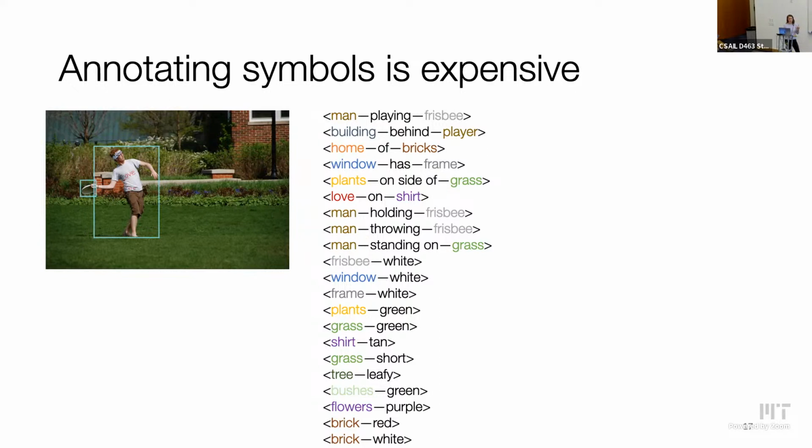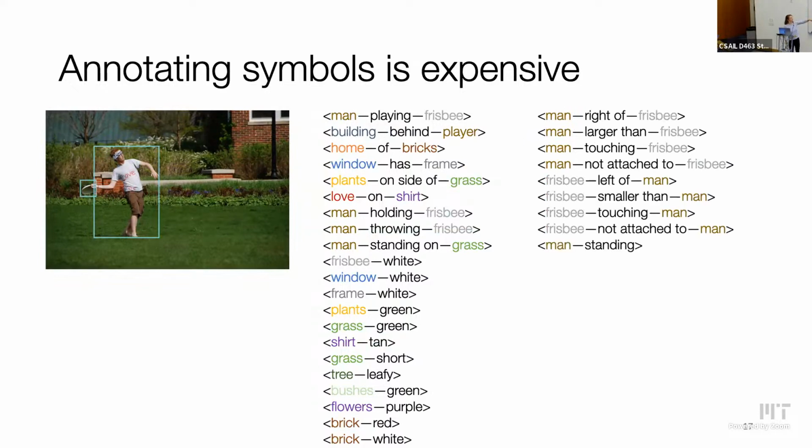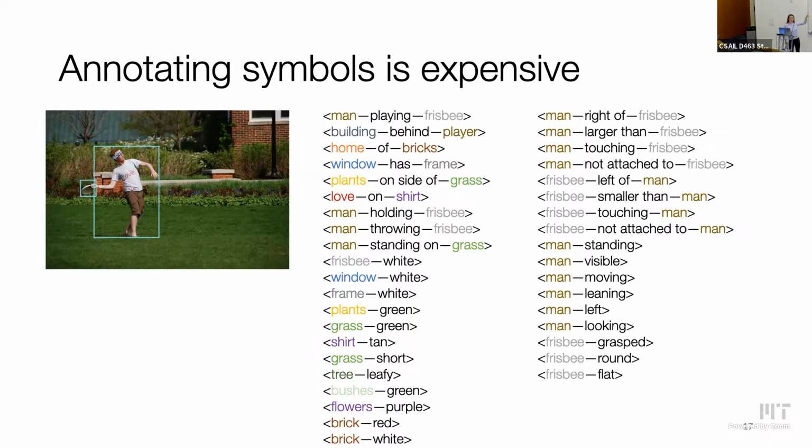The problem is that manually labeling these predicates is extremely expensive, and just one image can contain prohibitively many predicates that grows exponentially with the number of objects. And then the thing is, here are all the predicates that are actually still true in this image, but they're not actually annotated in the ground truth data set, right?